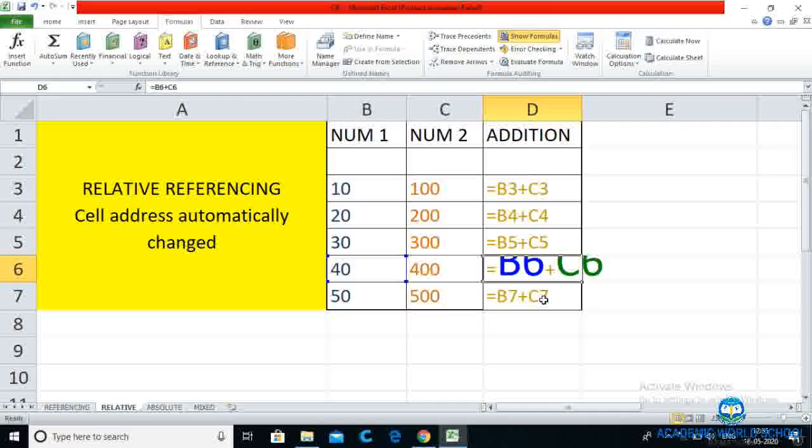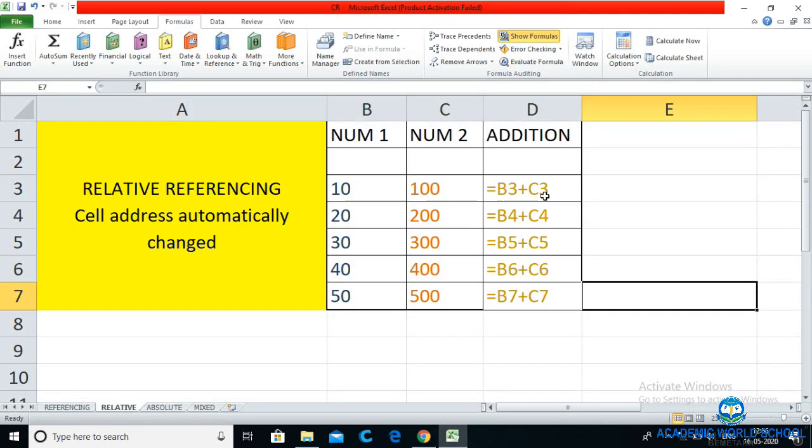It is changing automatically. I haven't written the formulas in individual cells again and again. I have simply written it in the first cell and simply clicked and dragged, right in front of you all. And you have seen that this 3 is gradually changing till B7.